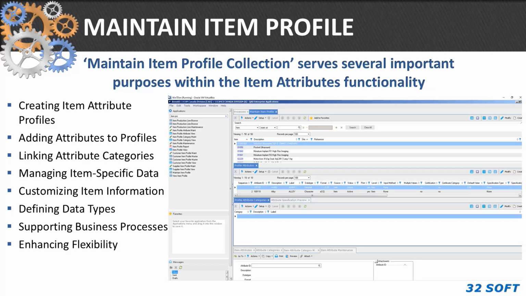Maintain item profile collection in QAD's ERP software serves several important purposes within the item attribute functionality, from creating item attribute profiles to adding attributes to profiles to linking attribute categories to managing item-specific data and customizing item information to defining data types, all while supporting business processes and enhancing flexibility.